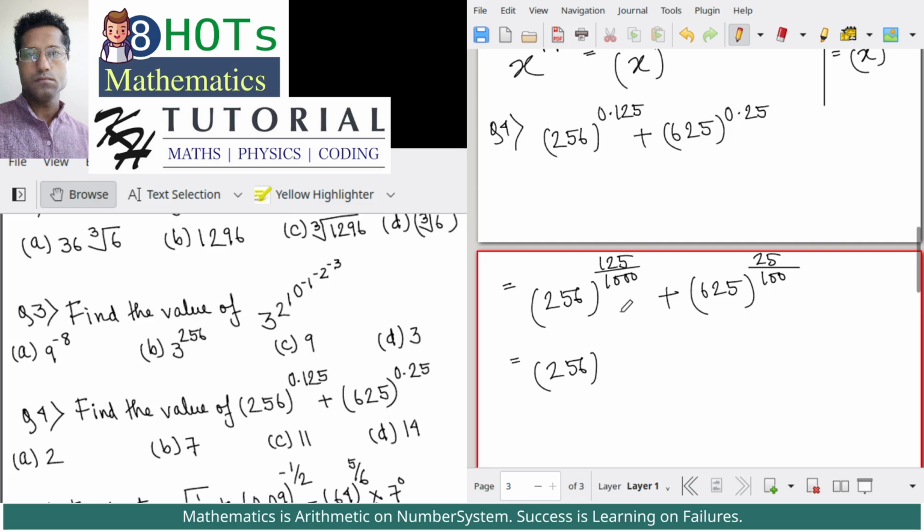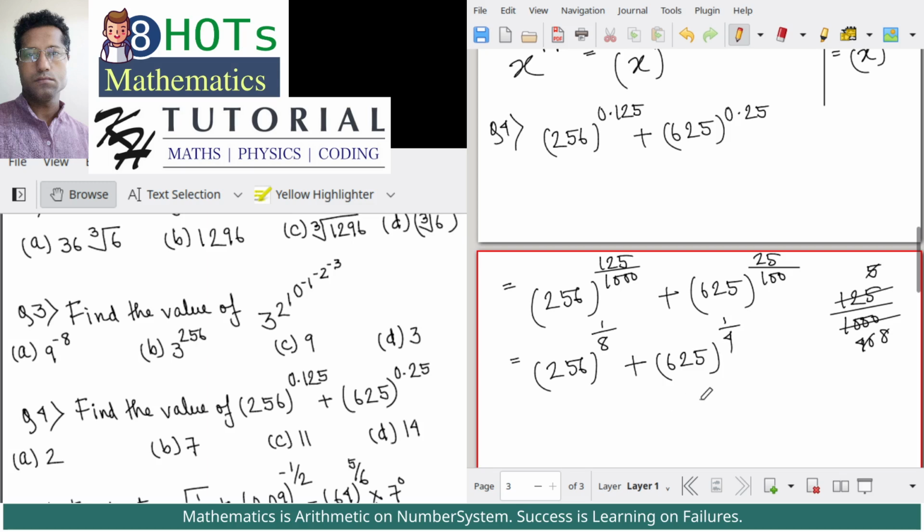How much is 125 divided by 1000? 25 divides 125 with 5. 25 divides 1000 with 40. This is 1 by 8. So this is 1 by 8, plus 625 raised to the power 25 by 100, which is 1 by 4.